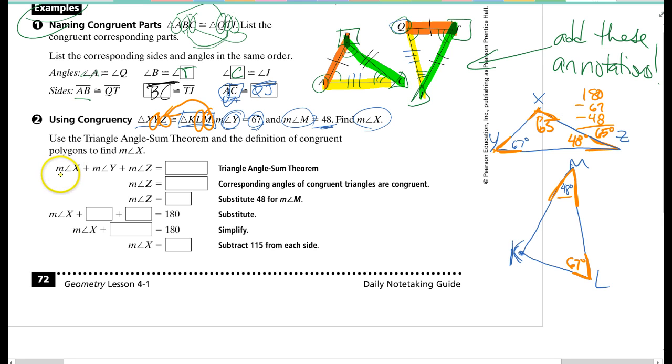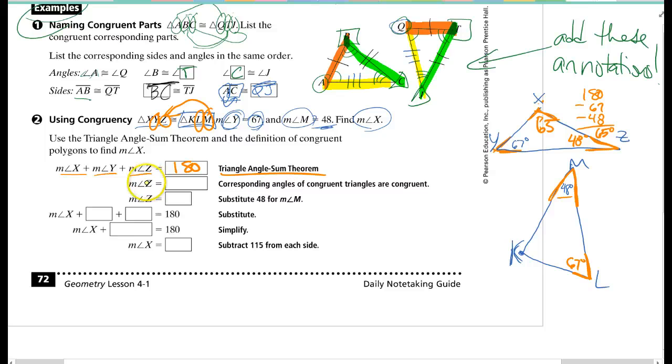Now, I did all that in a diagram. Now let's watch and see how we figure it out in this step-by-step 2-column proof view. First, we know that all of these angles, X and Y and Z, add up to 180 because that's the definition for triangle sum theorem.